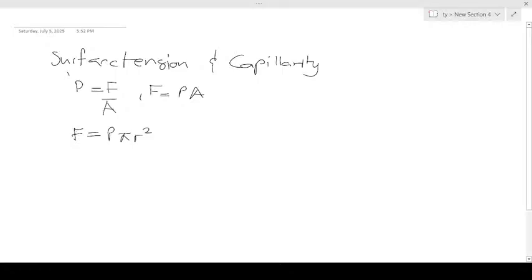And so the formula for that, this force is due to internal pressure. Now the force due to surface tension at the surface is going to be 2 pi r times the surface tension. And so in equilibrium, these two will be equal to each other.